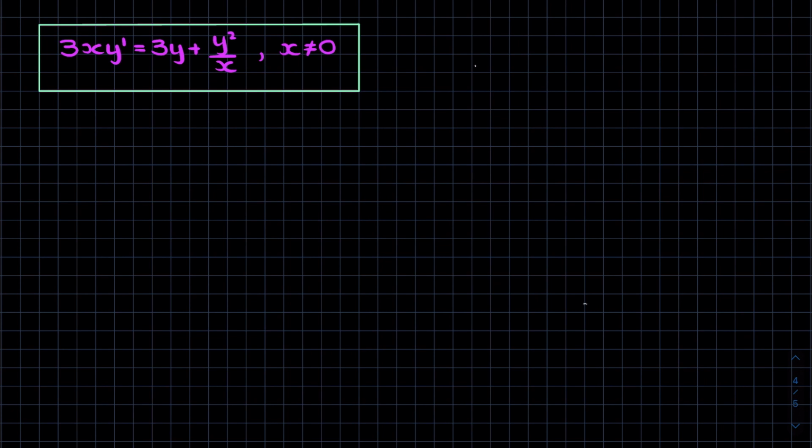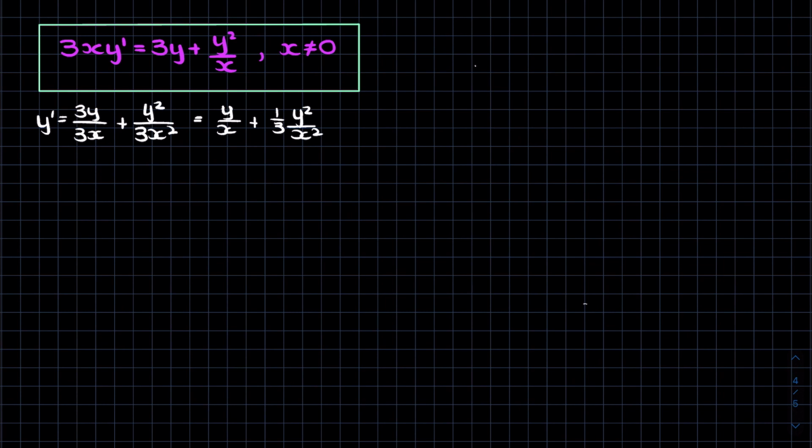So let's try and do that now. Let's divide by 3x, so we'll get y prime equals 3y over 3x plus y squared over 3x squared. Now simplifying this a bit more, we get y over x plus 1/3 of y squared over x squared.